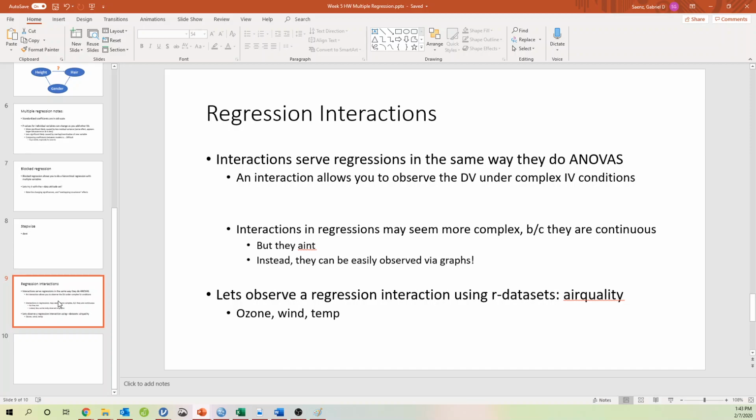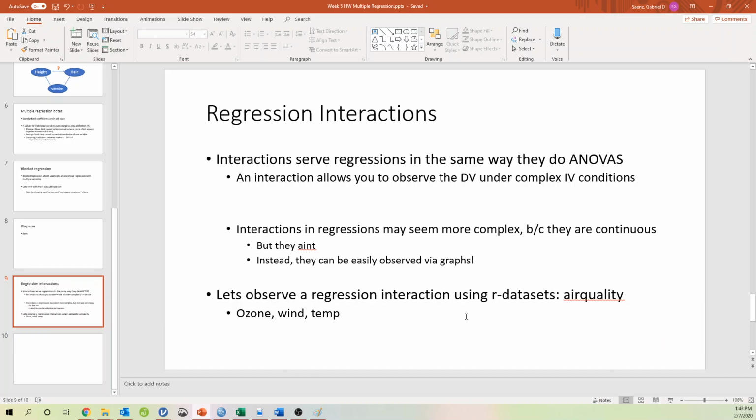The relationship between variable A and the DV depends on variable B. That's a moderation, that's an interaction, and interactions will work in exactly the same way in regressions. Let me show you that.